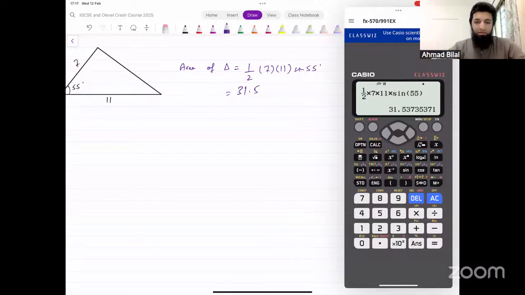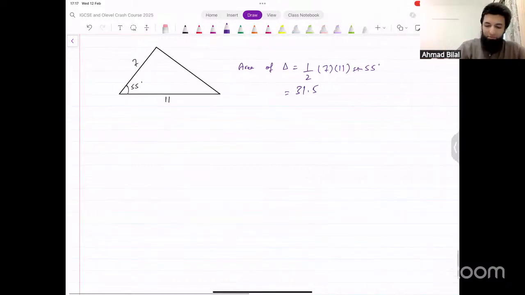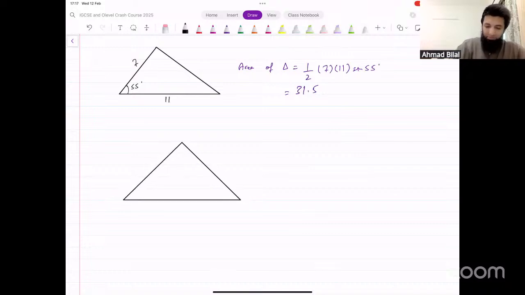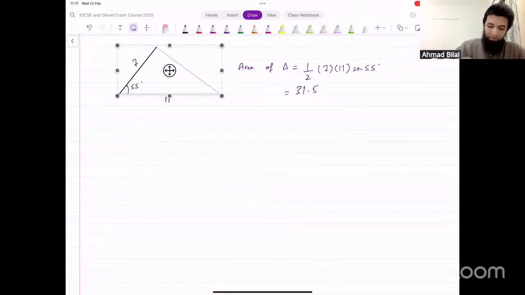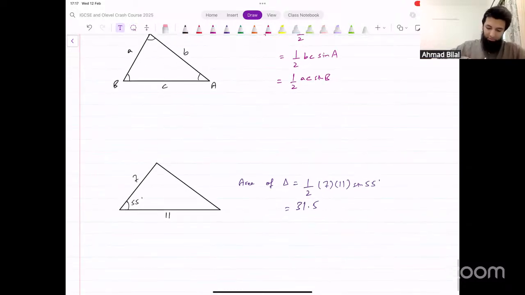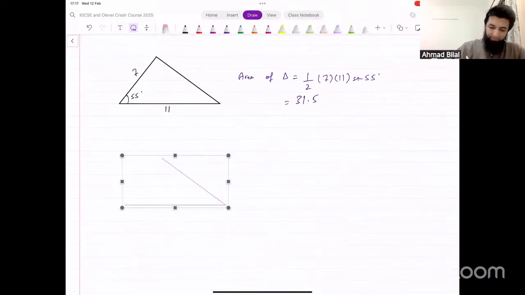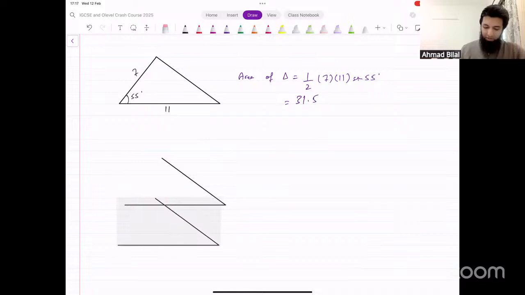Let's take another example. Let's say you had a slightly different triangle this time. Let's give you something like this. Okay, so now you have another triangle.